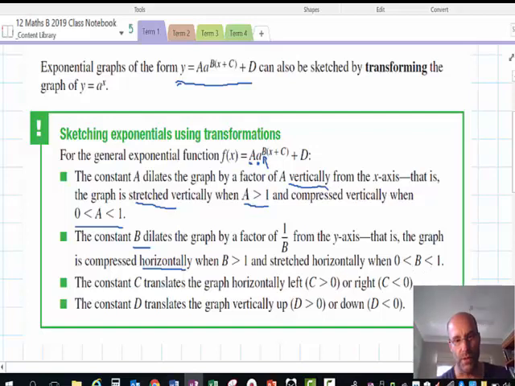So it's basically dilated by a factor of 1 on B in the horizontal direction, from the y-axis in other words, whereas A was from the x-axis. So A and B are shape changes. So when we're talking in a minute about the shape, we're talking about A and B.